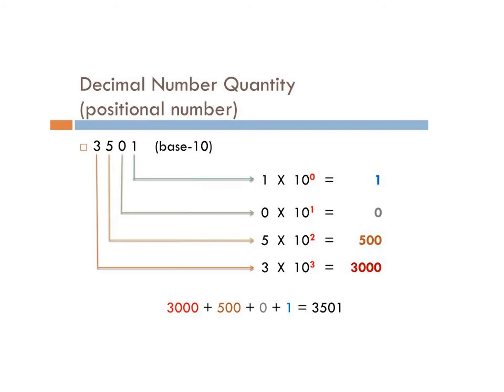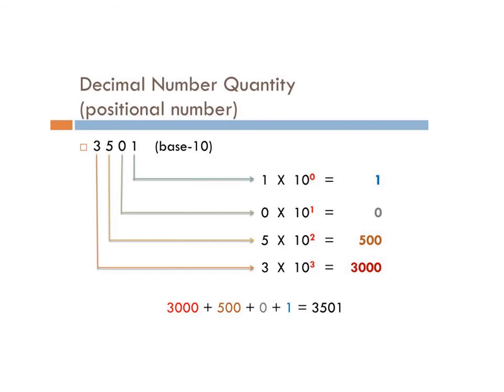At the rightmost we have the digit 1, which is multiplied by 10 raised to power 0. Any base raised to power 0, whether 10, 2, 8 or 16, equals 1. So 1 multiplied by 10 raised to power 0 equals 1. The next digit is 0. 0 multiplied by 10 raised to power 1 equals 0. 0 multiplied by anything is 0.